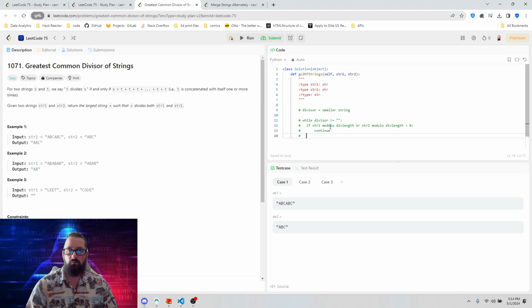Otherwise, we're going to find out what the multiplier is.